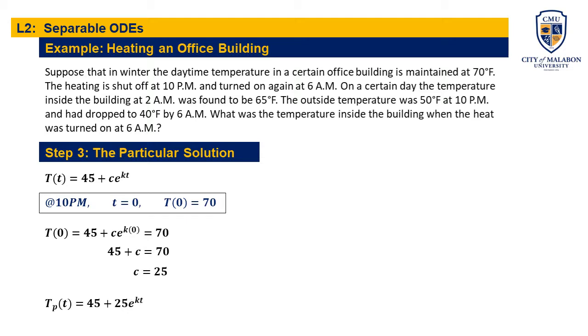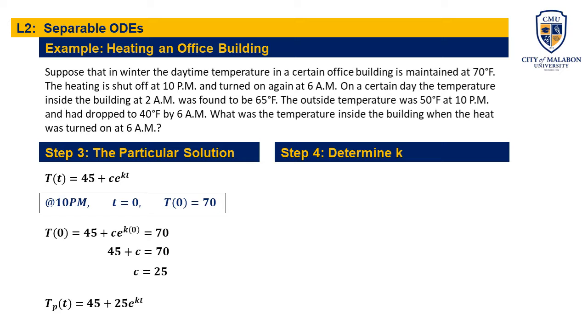Therefore, our temperature as a function of time for our particular solution will be simplified to 45 plus 25 e to the kt. So in this case, we are left with only one constant to determine, which is the value of k.